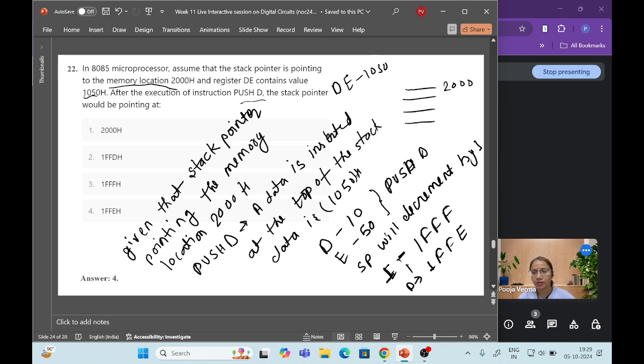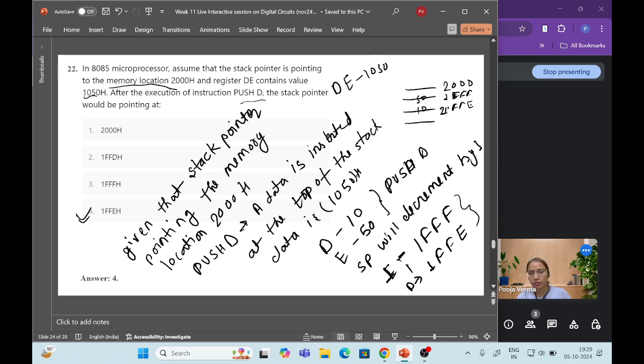Because we are performing the PUSH D operation, it decrements by 2 positions. So at 1FFF and 1FFE will be stored D, whose value is 10, and E, 50.